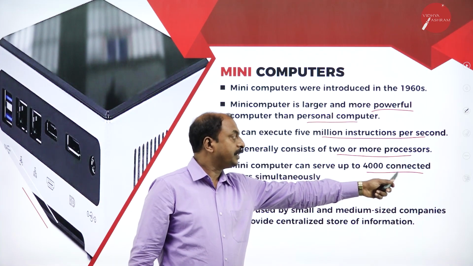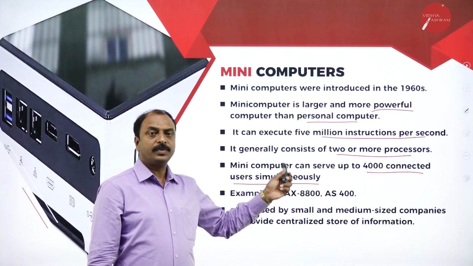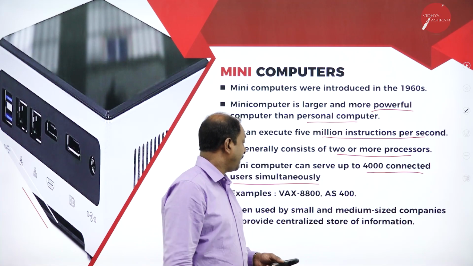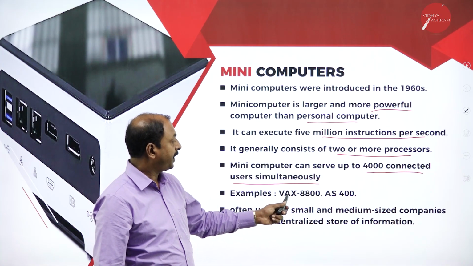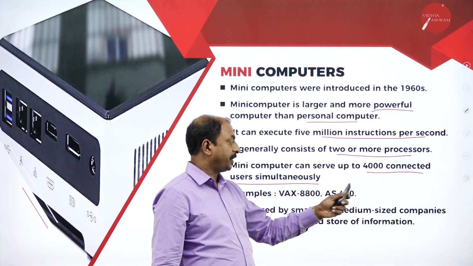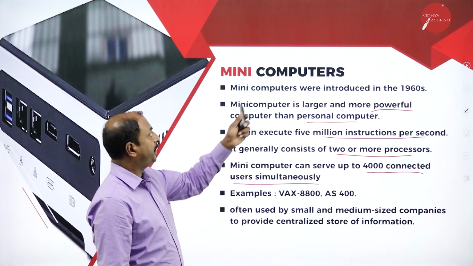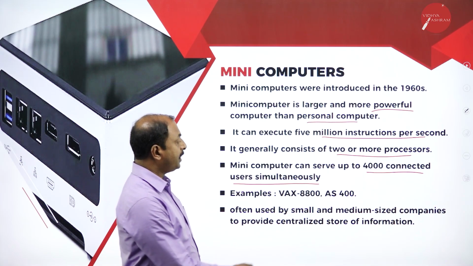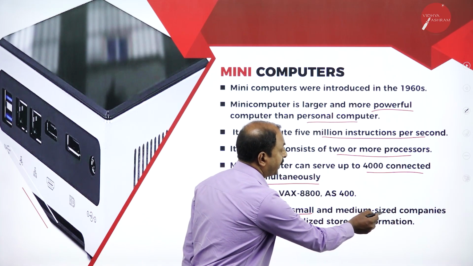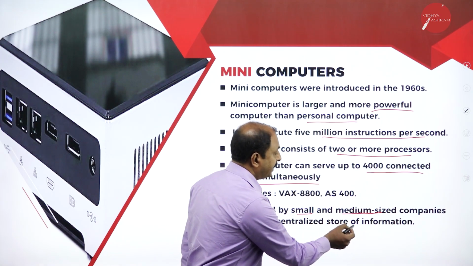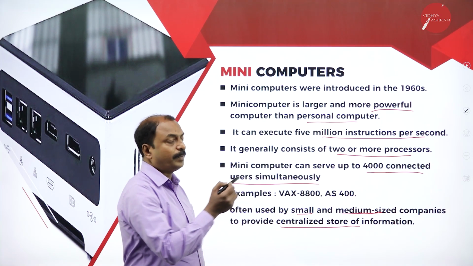So many users can make use of the system or resources effectively or simultaneously. So examples VAX8800 and AS400 belong to mini computers, and these mini computers are used by small and medium sized companies or offices to provide a centralized storage of information.